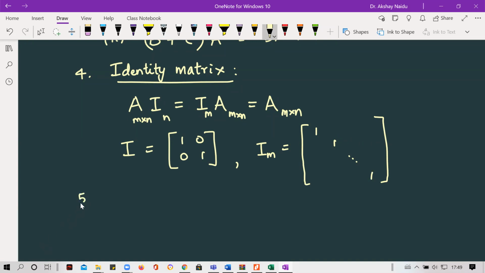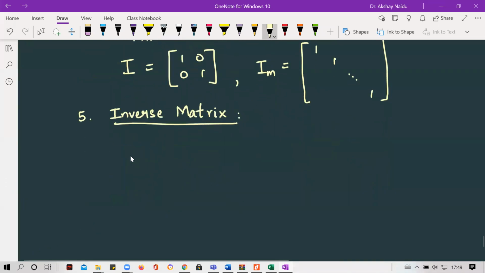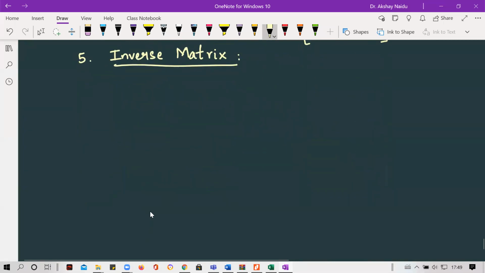So identity. Then inverse of a matrix. Of course, this is a big topic. We have to discuss singularity.